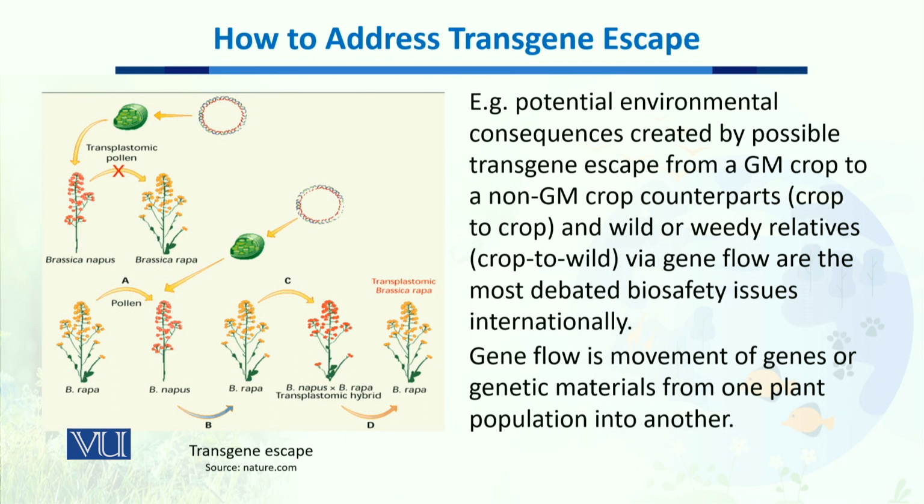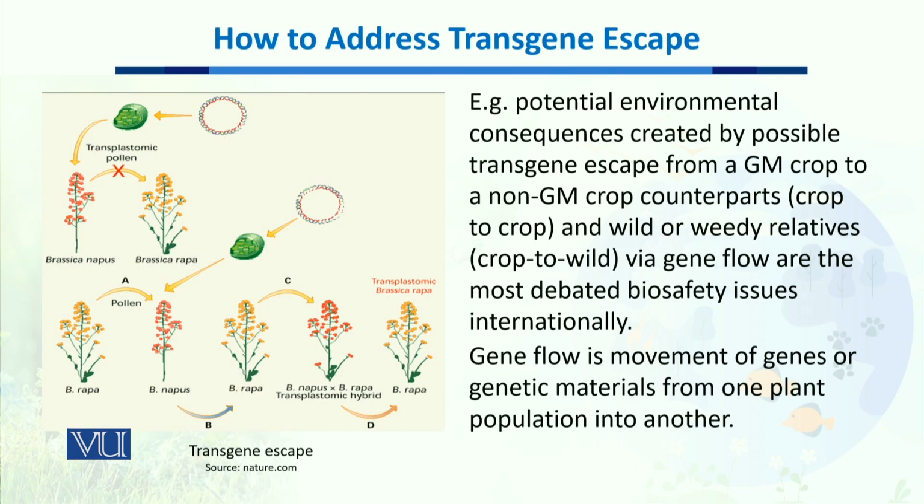For example, it can transfer from the same crop to the wild crop, and it can also be transferred from one wild or weedy relative, meaning from one crop to the wild crop, via gene flow. These are very serious environmental concerns, and they have been extensively debated from the biosafety point of view at the international level.